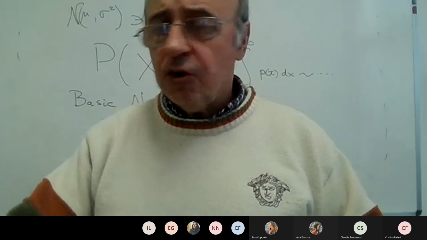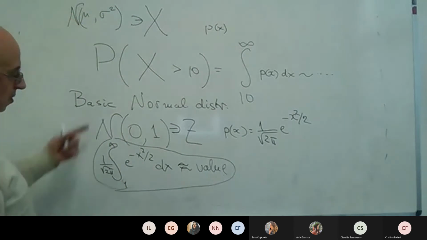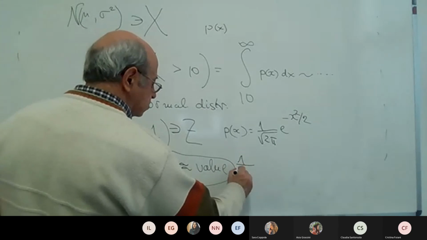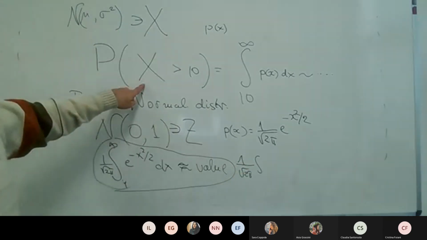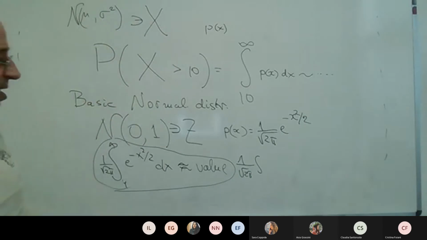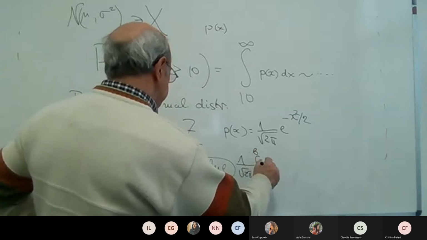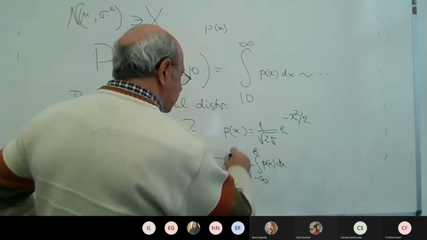and for the normal distribution, compute this integral or its opposite: 1 over square root of 2 pi times the integral. For example, if we need x to be smaller than something, we write minus infinity and this upper bound b, and then we have p(x) dx.